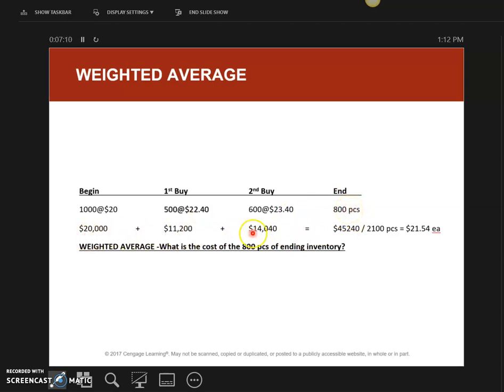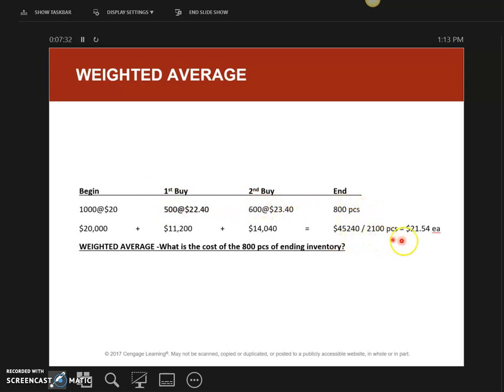I'm going to add up these numbers. My total cost of inventory is 45,240, divided by my total inventory count. Now, be careful here. The 2,100 pieces was from the 1,000 pieces plus the 500 pieces plus the 600 pieces only. Do not add the 800 from the ending inventory.